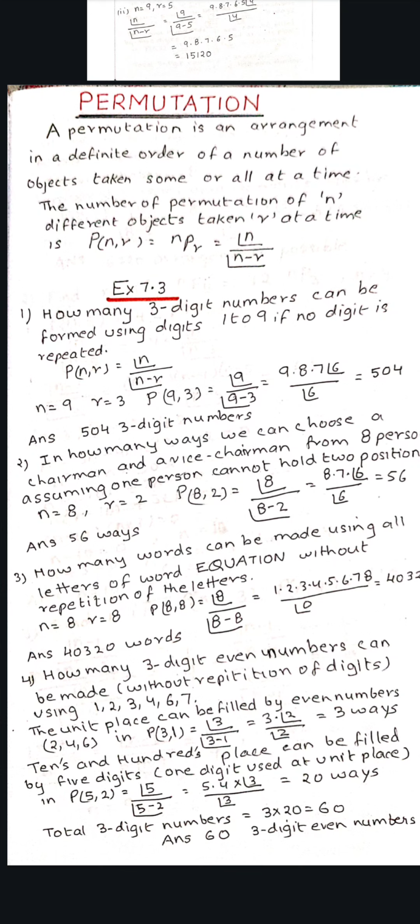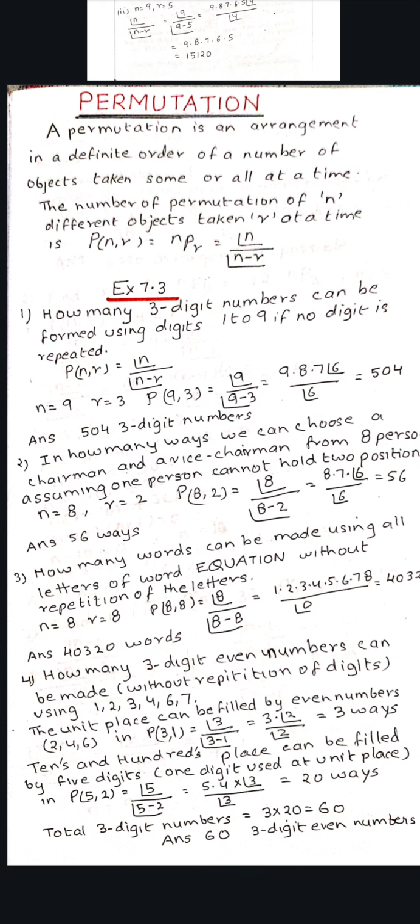The first question is, how many 3-digit numbers can be formed using digits 1 to 9 if no digit is repeated? P(n, r) is equal to factorial n upon n minus r. Here we are having total 9 digits, out of which we have to arrange 3 digits, where P(9,3) can be written as factorial 9 upon 9 minus 3 factorial.